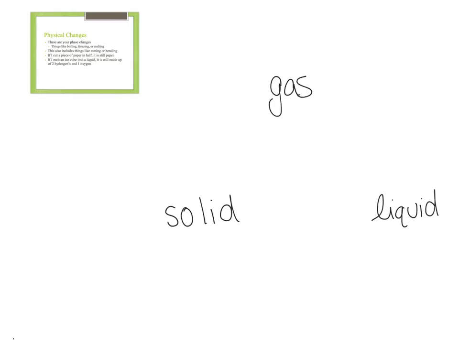What were the three states of matter? Oh, that's right. Thank goodness you remembered. Solid, I'm going to draw it out like this. Liquid, and gas. What is it called when you go from a solid to a liquid?